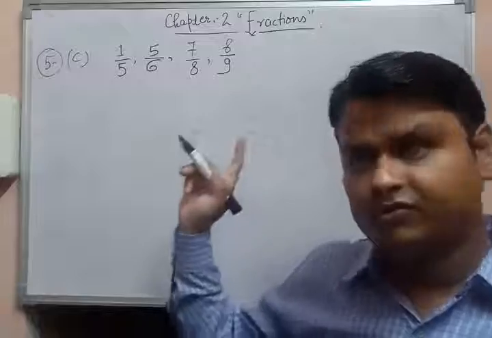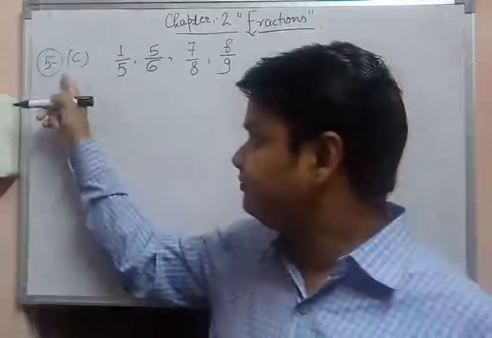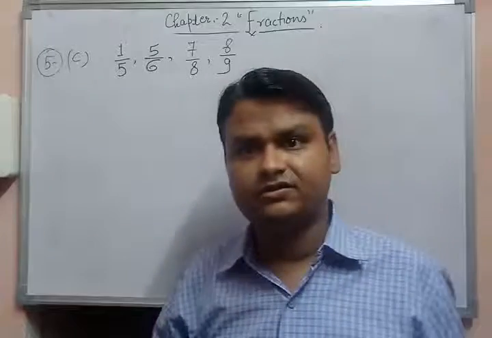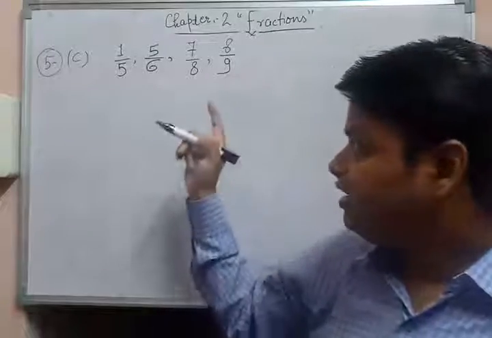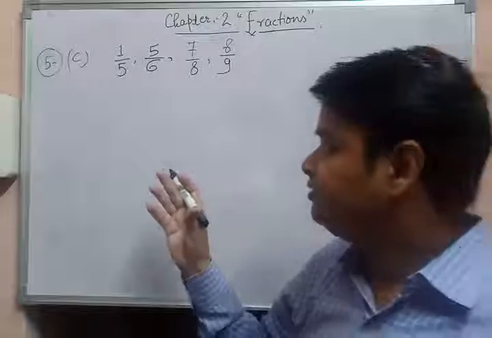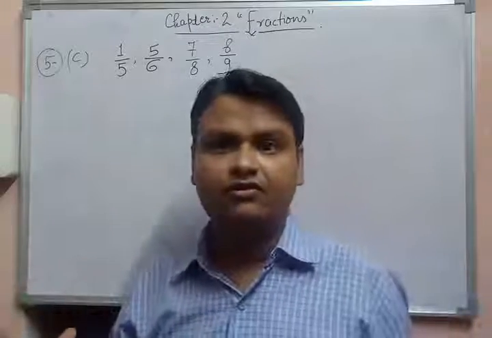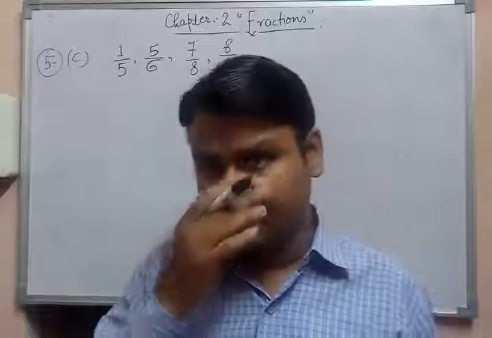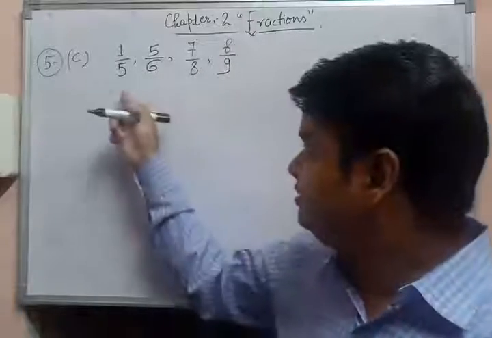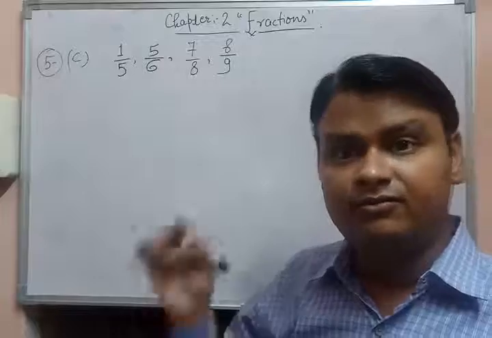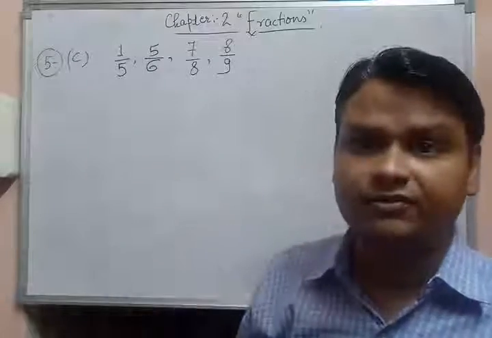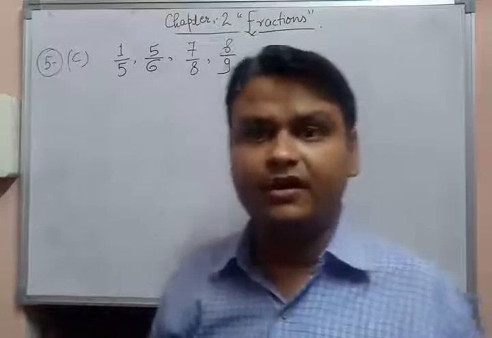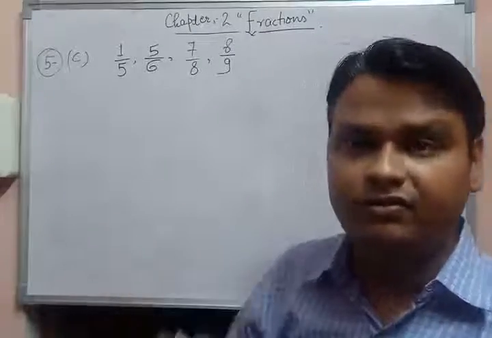In fifth A and B parts, which I told you about in the previous section, the questions are totally based on concept, not calculation. But these questions are based only on calculation, because first you have to make them into like fractions. After that you have to arrange.